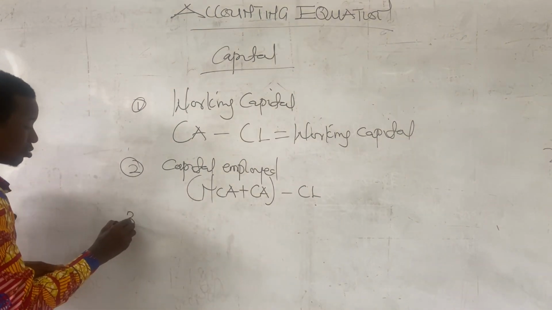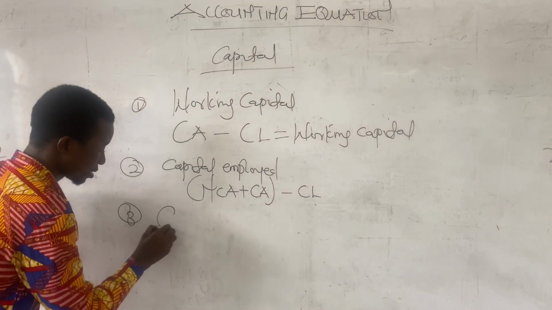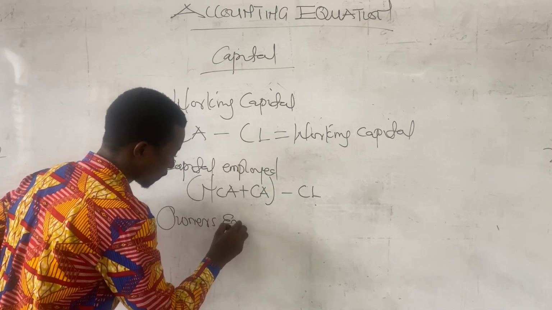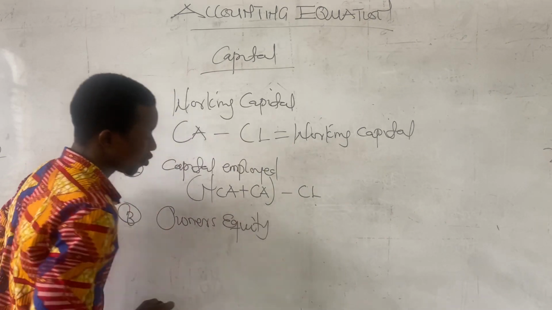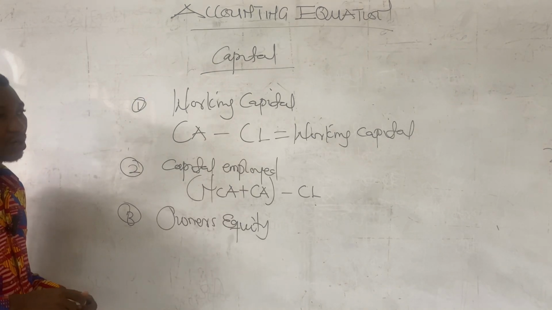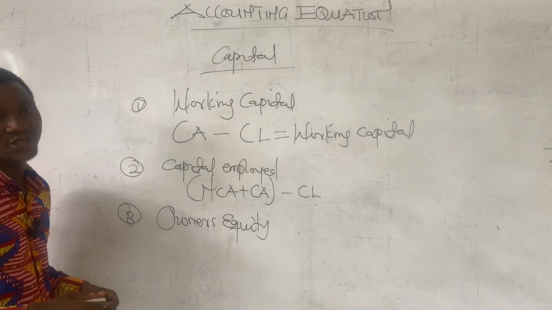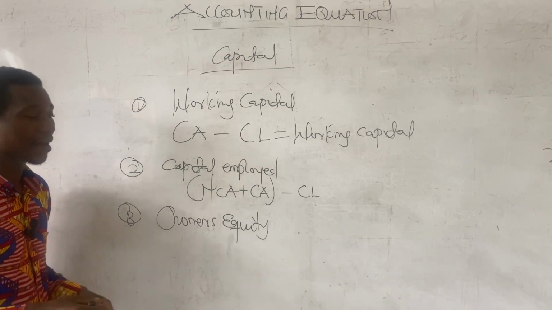And we also have another capital as well. That is owner's equity. Owner's equity has to do with the excess of the total assets of the business over its total liabilities.